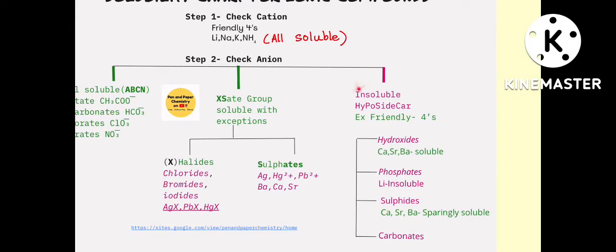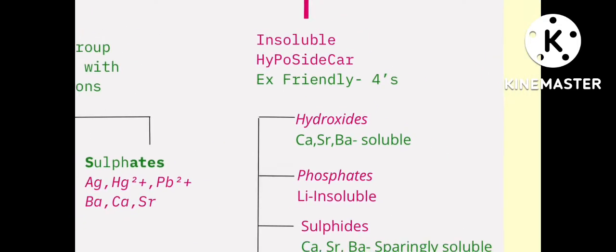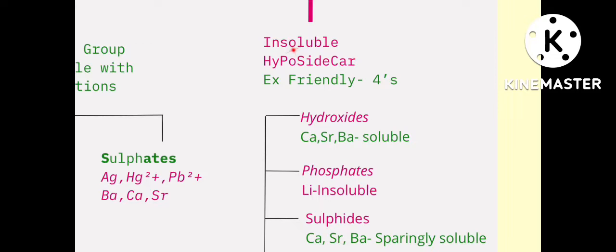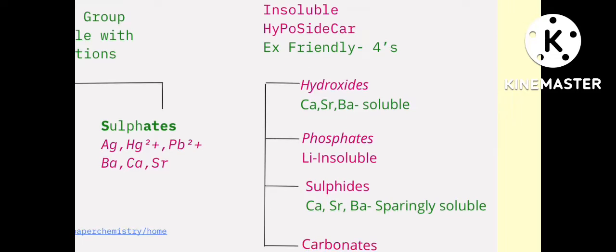Now the ones that I put in pink or red, howsoever you can see in your screen resolution, are generally insoluble. This is the hypo group. What is hypo? HY is for hydroxide, so that is how I called it the hypo group, hydroxides. PO stands for phosphate group.